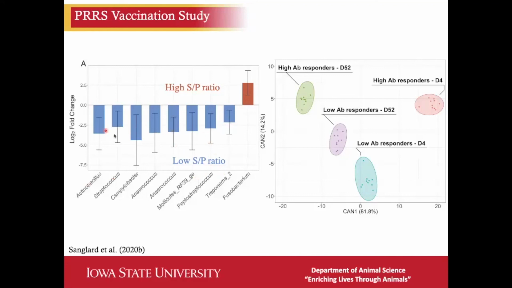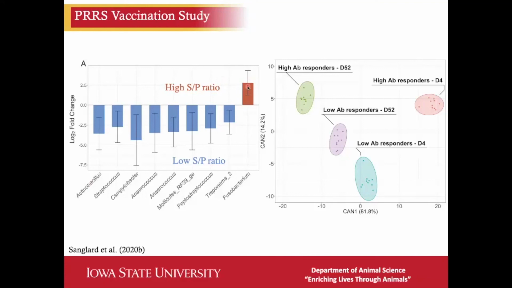So we can think that perhaps these are bad bacteria. And those with high antibody response, so they are genetically very high to have antibody response, also show greater abundance of this one. But that's one approach.